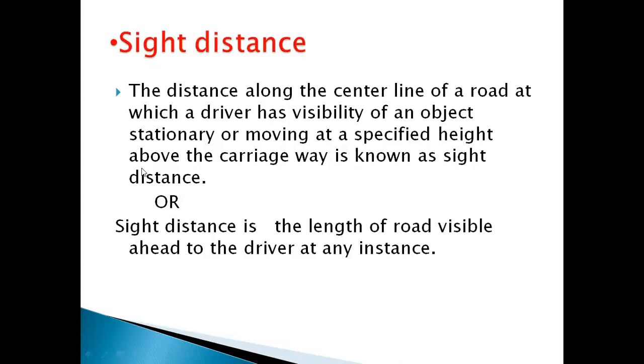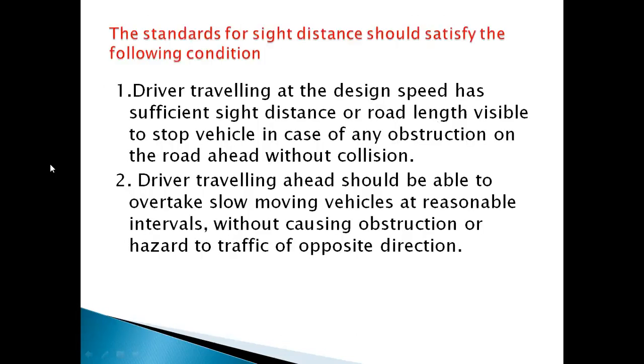Now see what is sight distance. The distance along the center line of the road at which a driver has visibility of an object, which can be stationary or moving, at a specified height is called sight distance. The sight distance should satisfy the following conditions. There are three conditions for satisfying the sight distance.